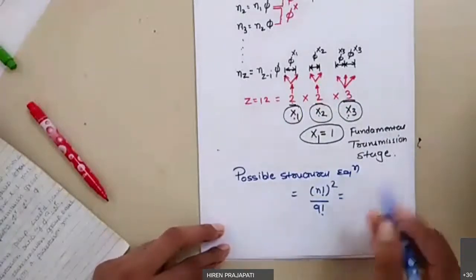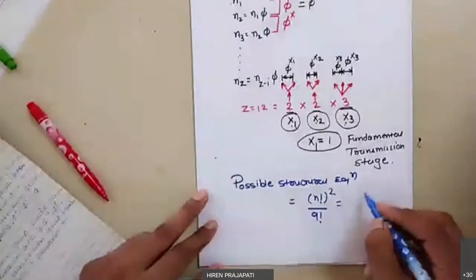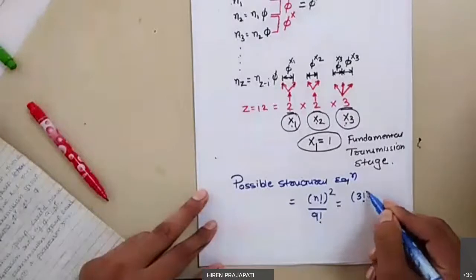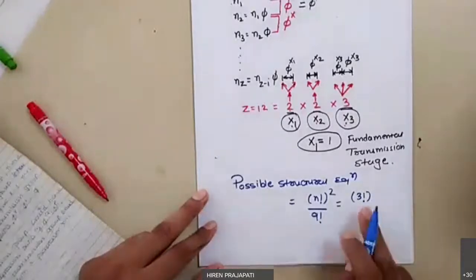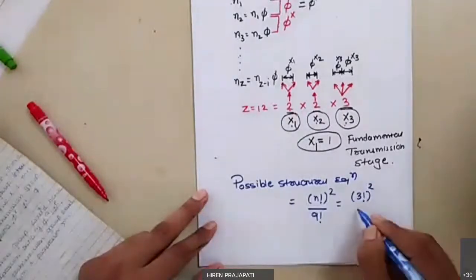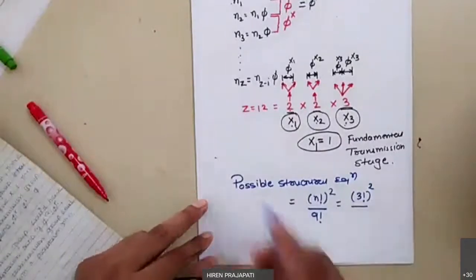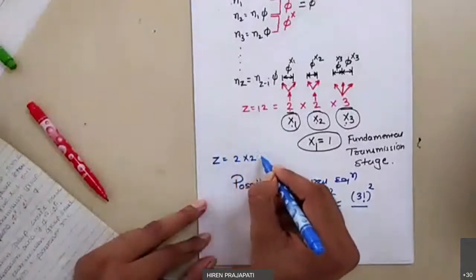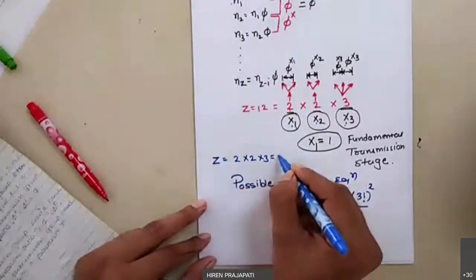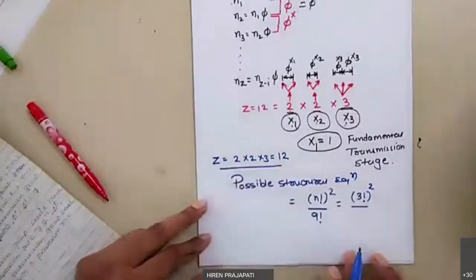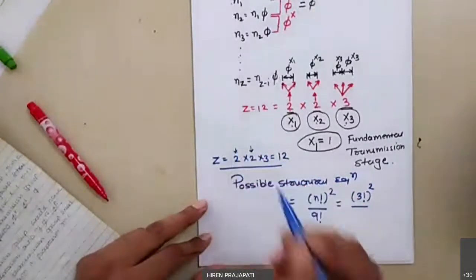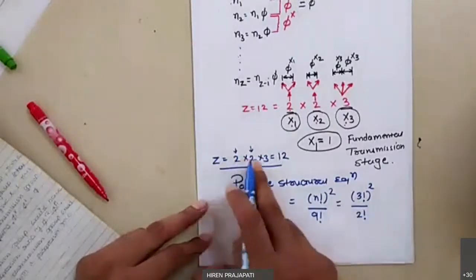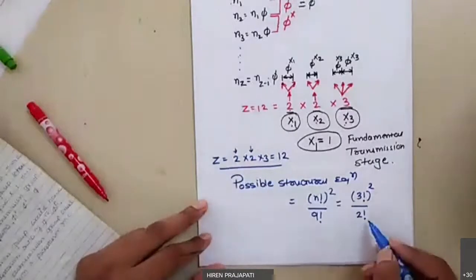So if you are talking about 12 speeds, then for 12 speeds we require 3 stages, right? So 3 factorial squared, divided by, I'm just writing here for reference, it's 2, 2, 3. In that way we are getting a total of 12 speeds, but these 2 are redundant. Then I write q as 2 stages having the same speed, so 2 factorial.